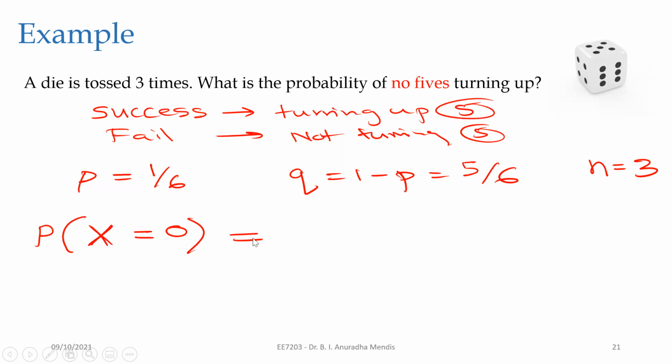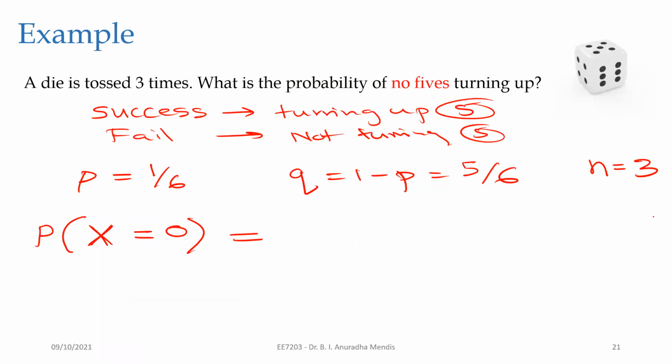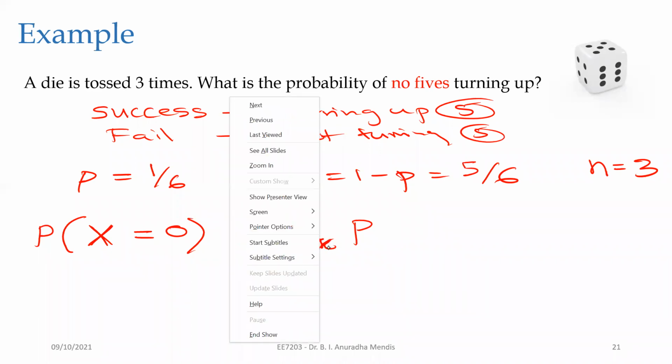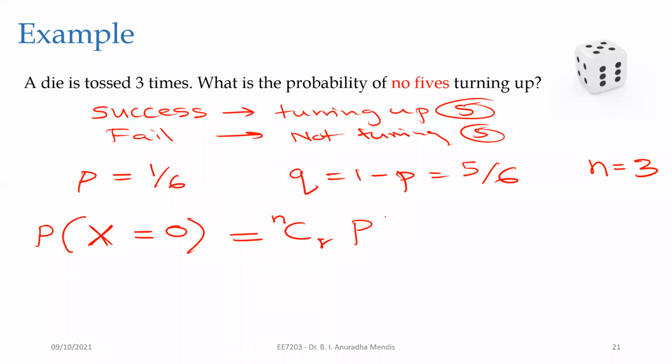So therefore, by using binomial, this looks like a binomial distribution. So what you need is nCx, p to the power x, and (1 minus p) to the power n minus x.